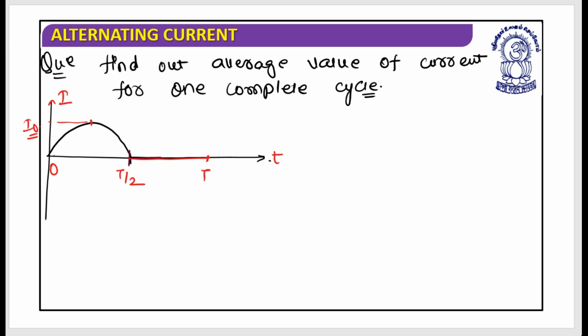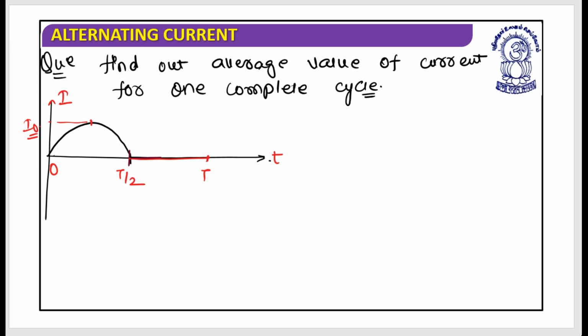Basically this is the output waveform of a half wave rectifier, but at this point of time we might not understand what a half wave rectifier is, so leave it behind and just focus on our question: what should be the average value for this one complete cycle?